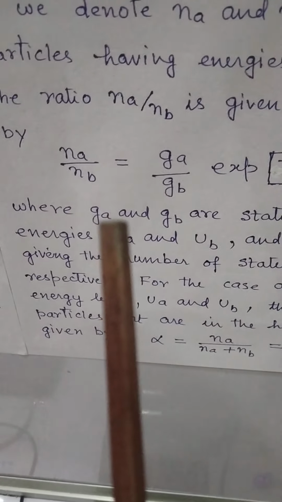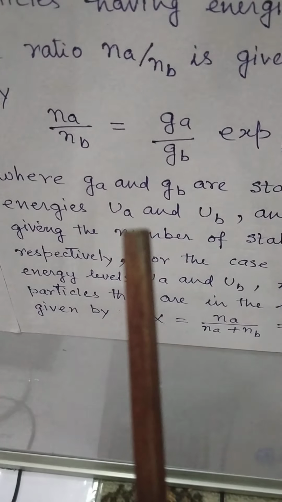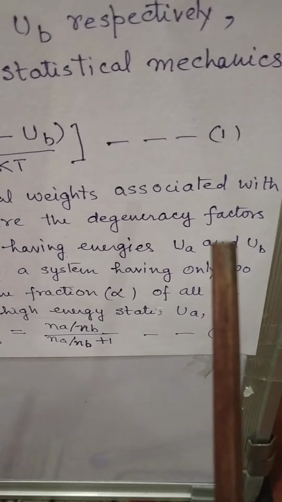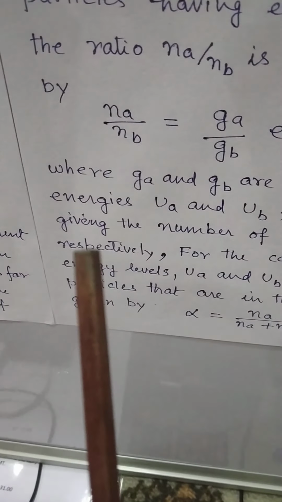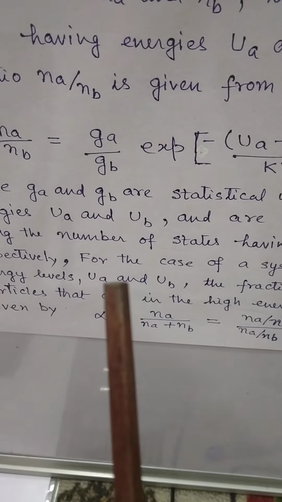Let it be equation number 1, where Ga and Gb are statistical weights associated with the energies UA and UB, and are the degeneracy factors giving the number of states having energies UA and UB respectively.